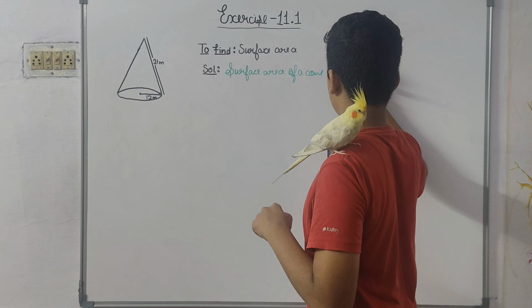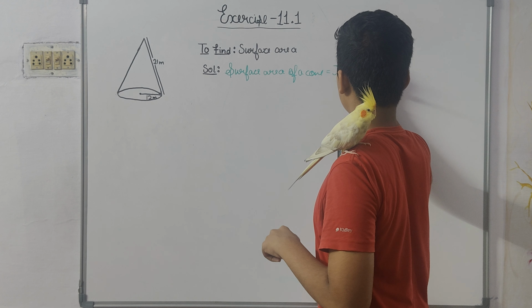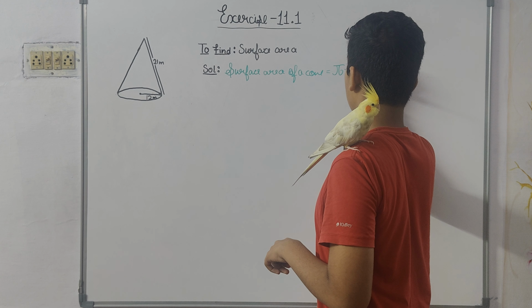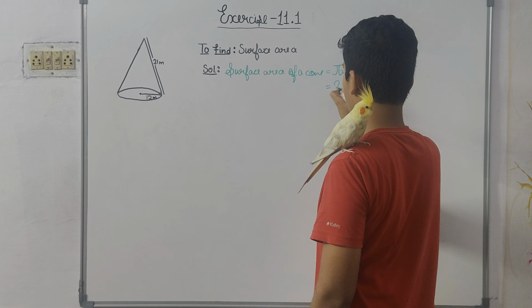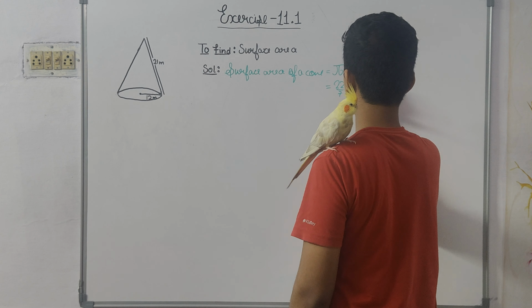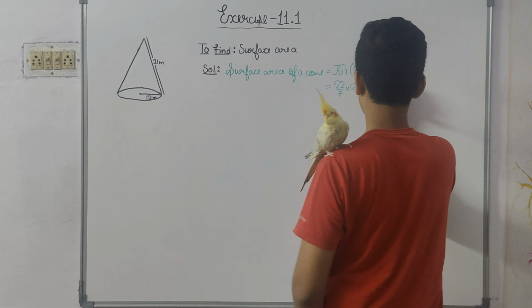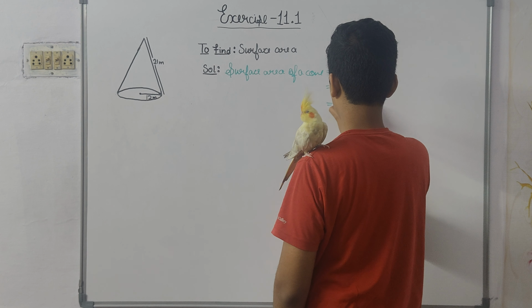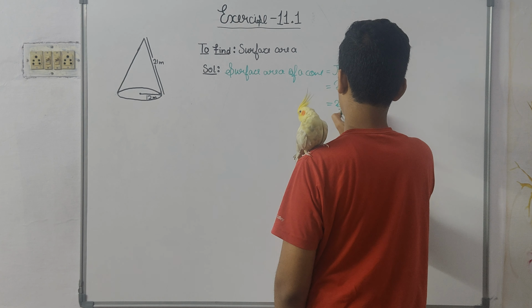The surface area of a cone is pi r bracket L plus r. Now put the values. Pi will be 22/7, r will be 12, L plus r means 21 plus 12. So 22/7 into 12 into 33 would be 1224.57 meter square.